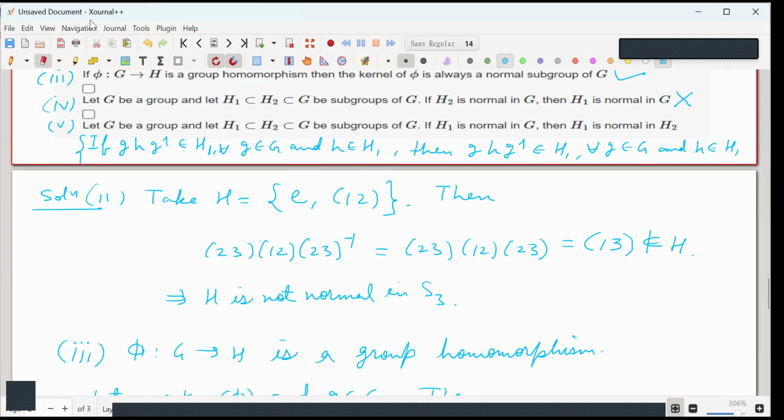Here this G we can also take from H2. Since H2 is sitting inside G and we have a stronger condition that this holds for all G belongs to G, it will definitely hold for all G belongs to H2 as well, right? So this is true.